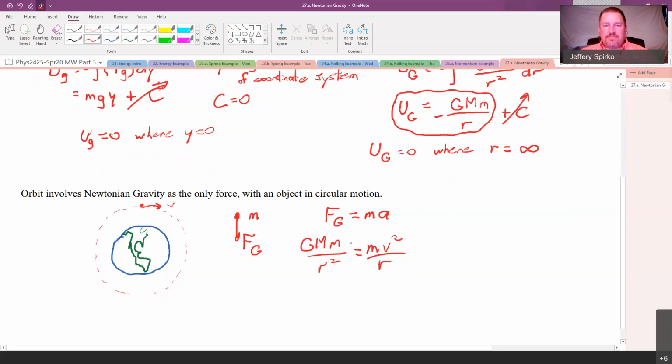And another way to think of this is to cancel out the r's and cancel out the little m's, and you get GM over r is equal to v squared.